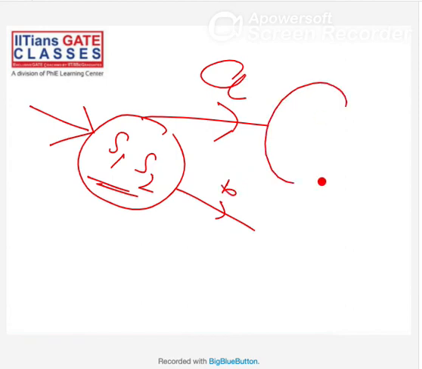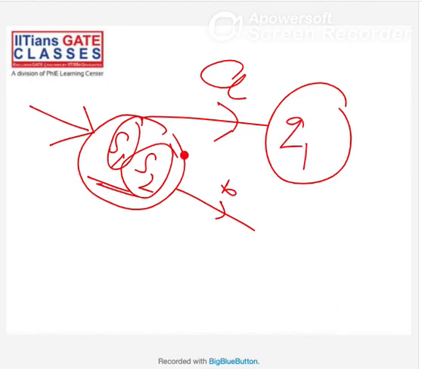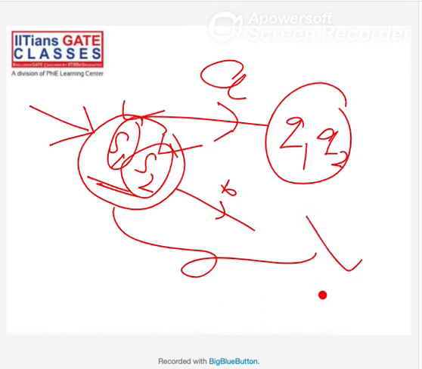When making the move on A, check where S1 will go on A and where S2 will go on A. Let's assume S1 is going to Q1 and S2 is going to Q2. This is how you do the product automata construction. This is a very easy thing, and this is your product automata construction.